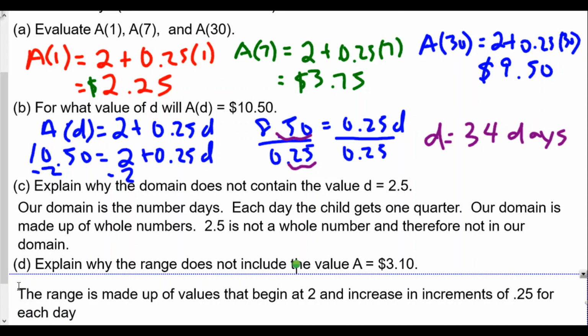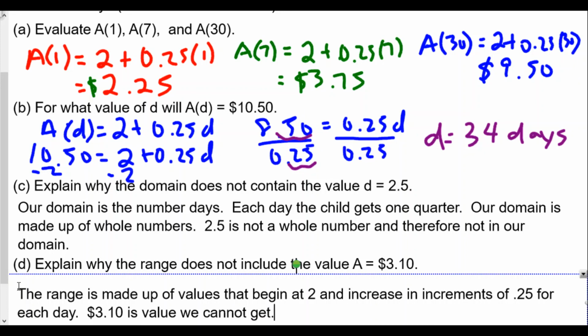So that would mean in this case, the 10 cents, $3.10, let's see, here we go, $3.10 is a value we cannot get.